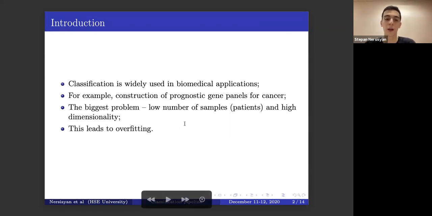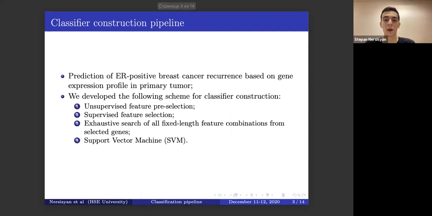For example, if we analyze some gene expression data, we usually have about 10,000 or 20,000 genes. So this situation can simply lead to overfitting. And today I will speak about our approach for preventing it. So we focus on predicting of recurrence of ER-positive breast cancer using gene expression profile in primary tumor.